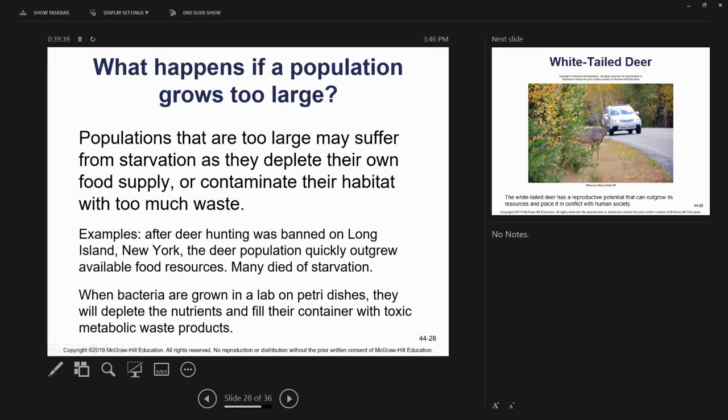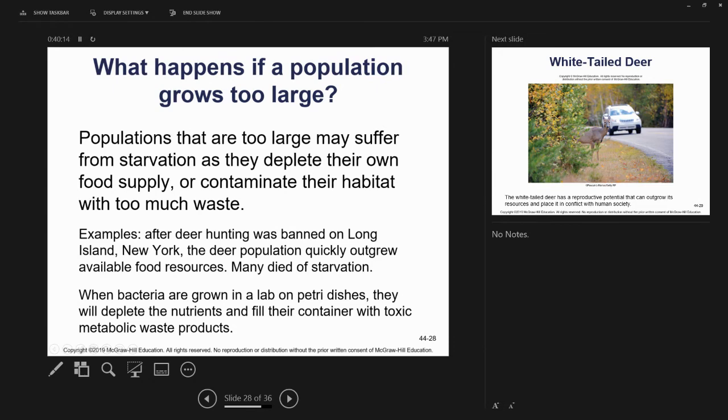So the example in the book is after deer hunting was banned on Long Island, the deer population quickly outgrew the available food sources. So many of those died from starvation. Hunters became the sole predator on deer, because in that area we've eliminated apex predators, their natural predators, bear, wolf, all the animals that would prey on them, and so it's up to hunters to control that population.